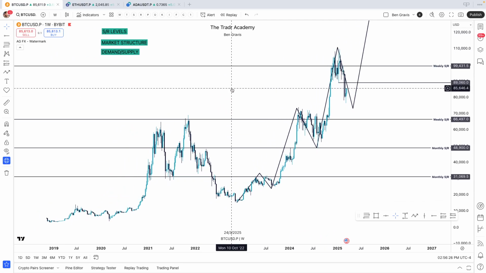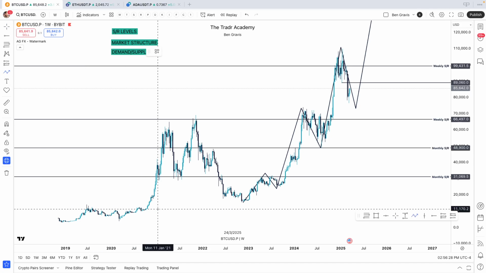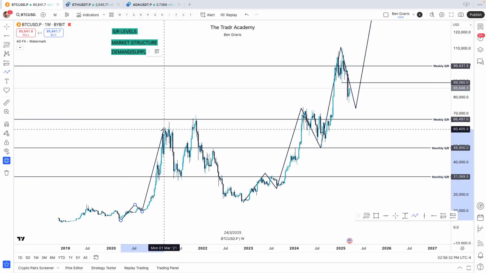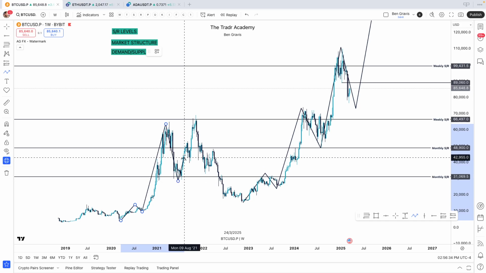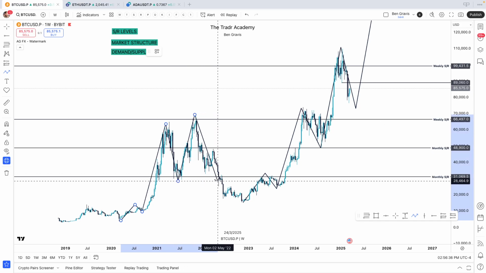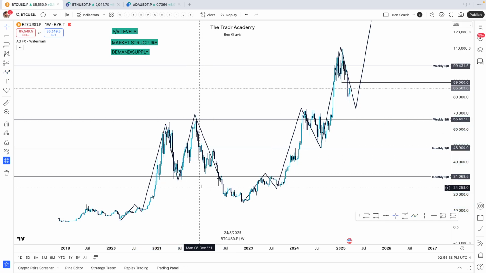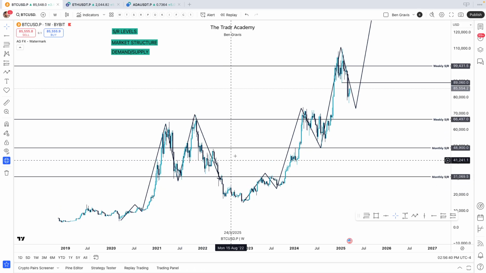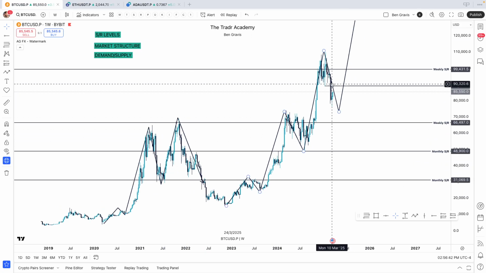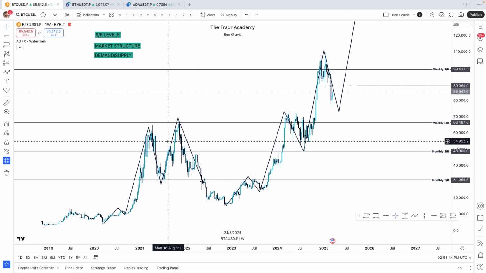But for example, here you have a higher high, higher low, higher high, higher low, higher high, and now here you clearly have the break. This is clearly a break. Look at the difference on the weekly time frame, including the time length.